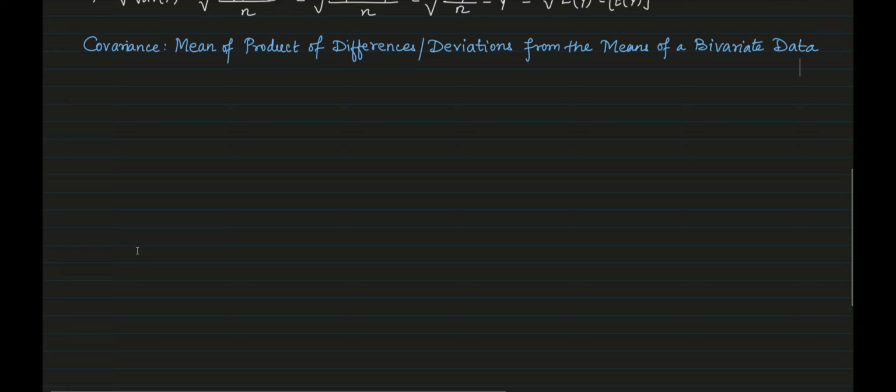So we calculate the deviation from x, deviation from y, multiply, add them, and divide by the number of observations. So covariance of x comma y is summation of x minus x bar times y minus y bar, the whole by n.